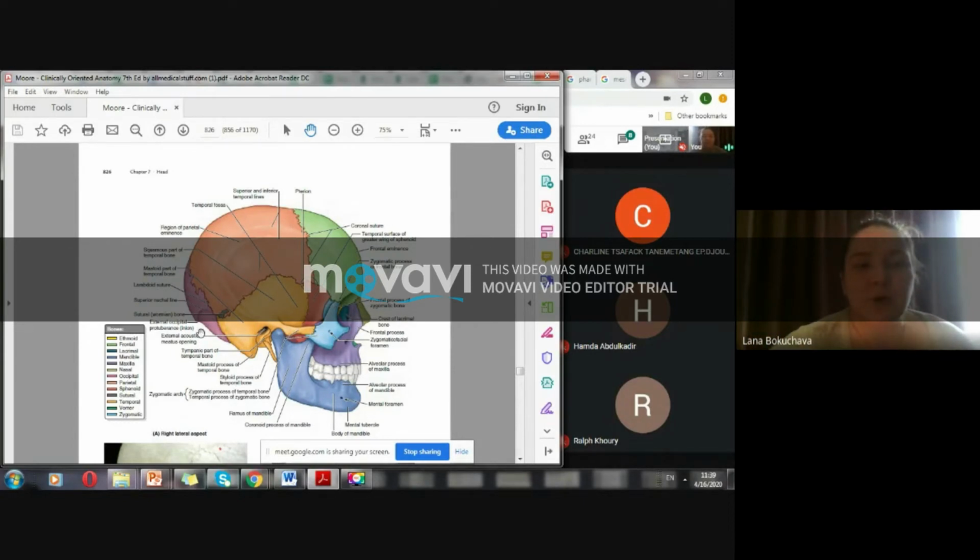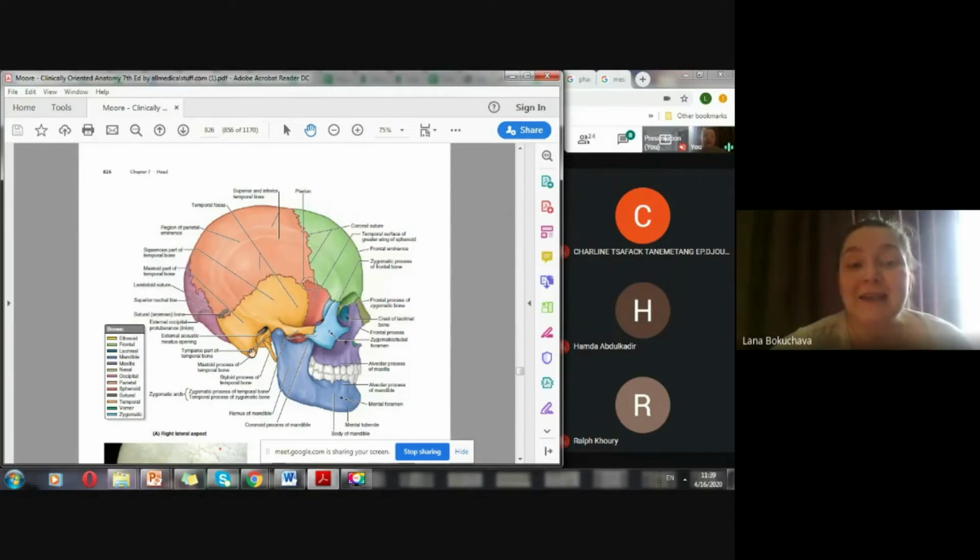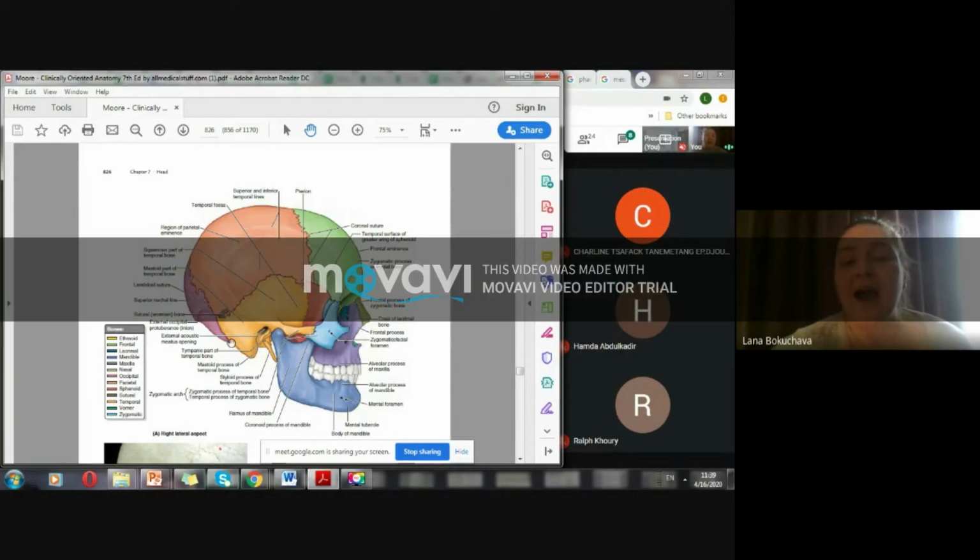Here you can see the portion of the occipital bone, by the way, with the nuchal line where we had the attachment. And here comes the portion of the temporal bone, in the orange color. What is important here is that on the posterior side of the temporal bone, we have a projection which we call the mastoid process of the temporal bone.